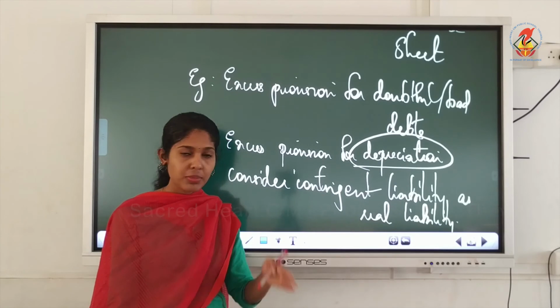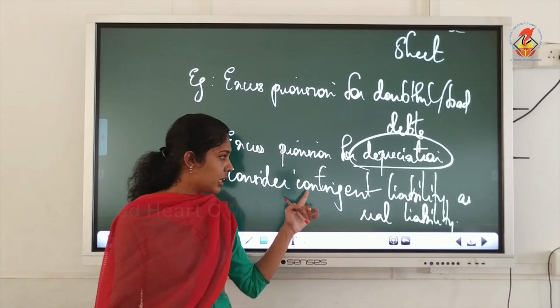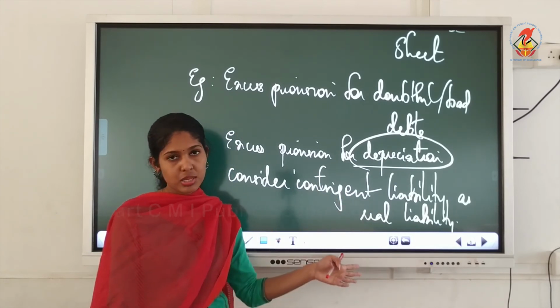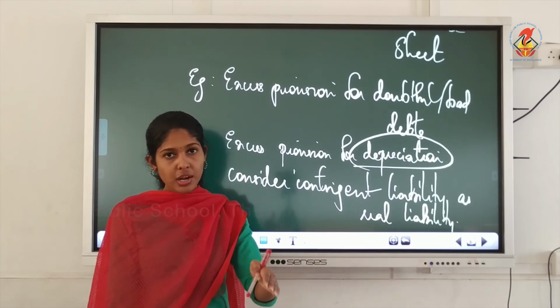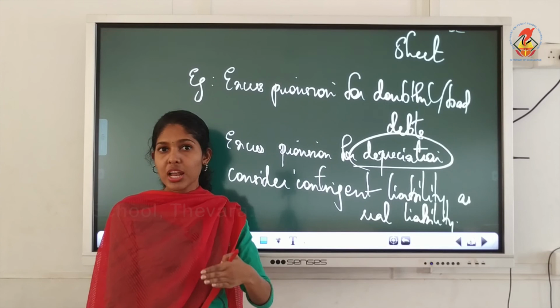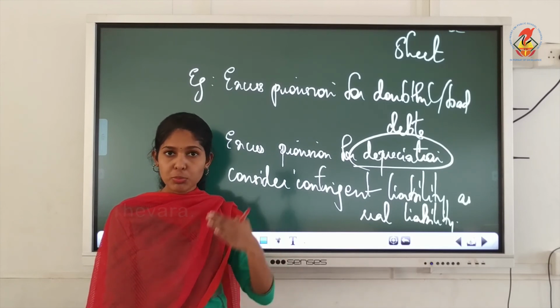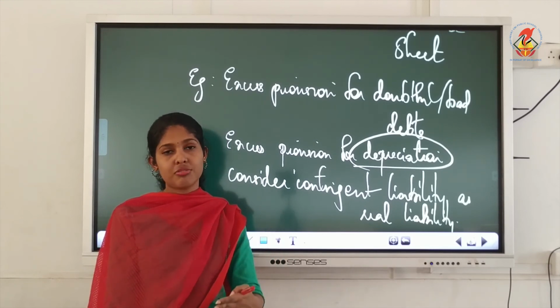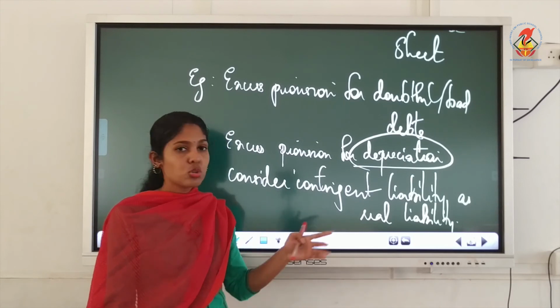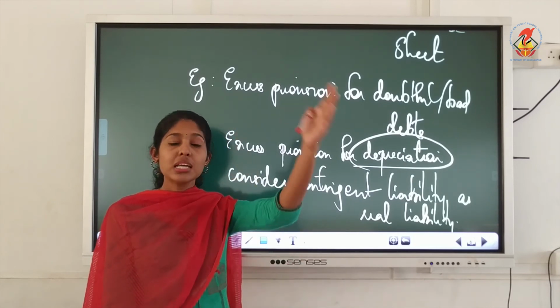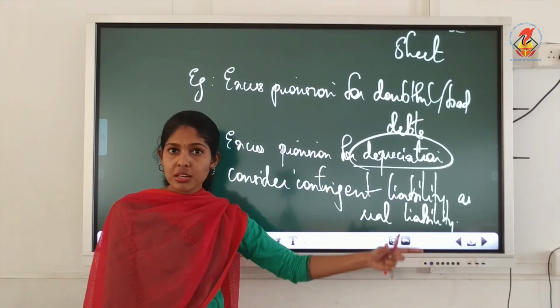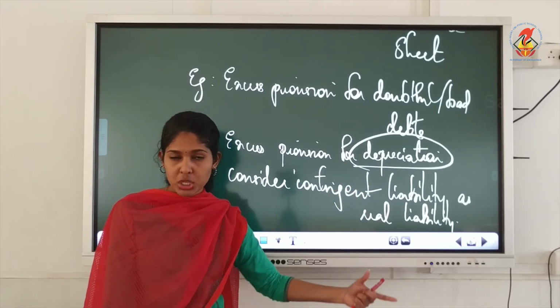Sometimes the firm accidentally considers contingent liabilities as real liabilities. What will happen? They will show it in the balance sheet. Understood? So that is reducing your financial solvency. The financial position is getting affected because of that. So that leads to creation of secret reserve, because we are expecting a liability and we are keeping a reserve or provision for that.